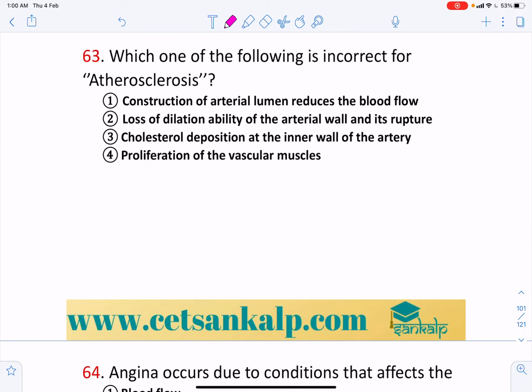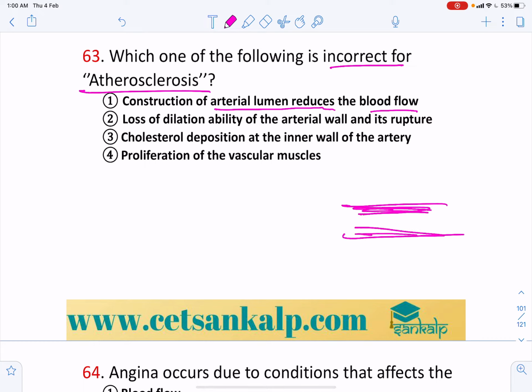Next, which one of the following is incorrect about atherosclerosis? Constriction of the arterial lumen reduces the blood flow.